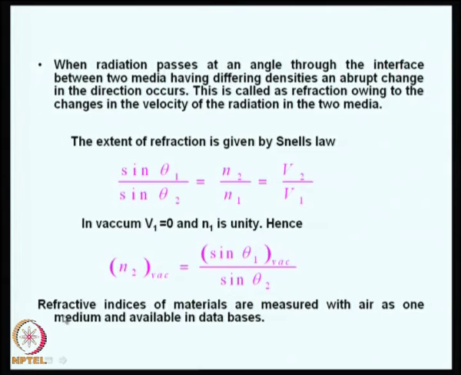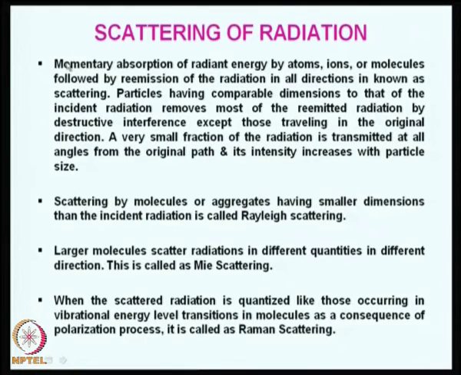So, refractive indices of materials can be measured, with air as one medium, and for a lot of substances capable of refracting radiation falling on them, these are known and available in databases. Now, let us take a look at another phenomenon, that is scattering of radiation.